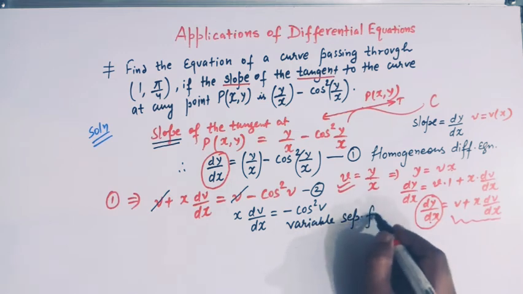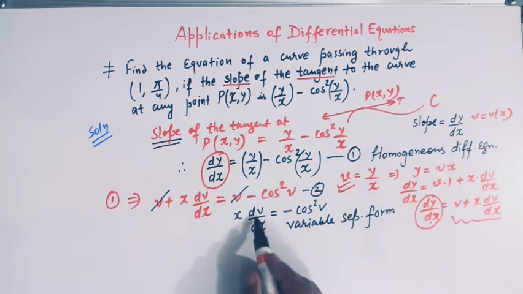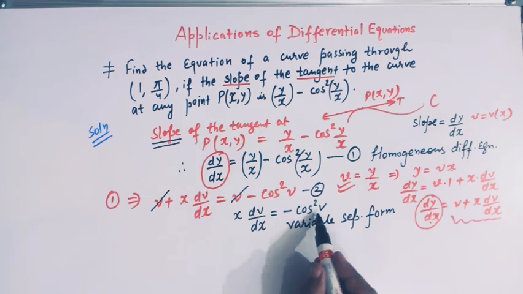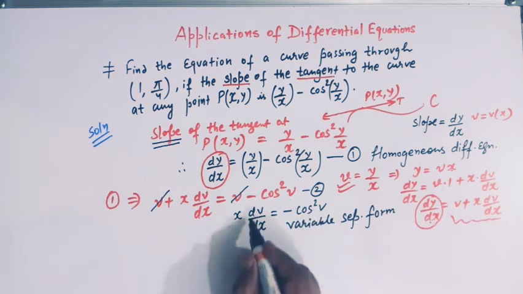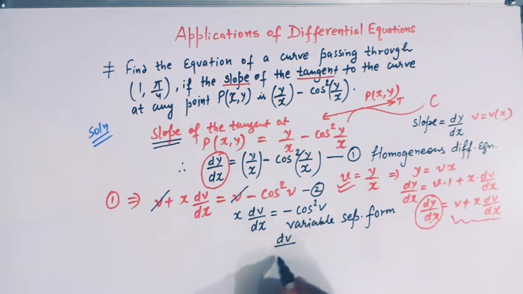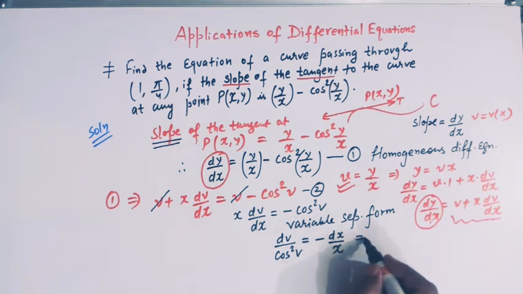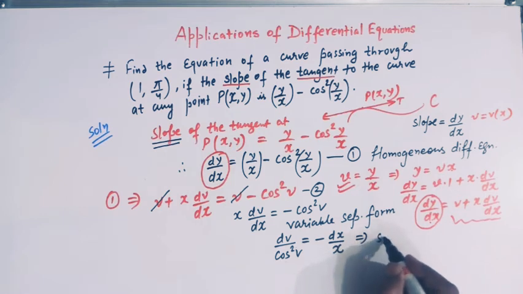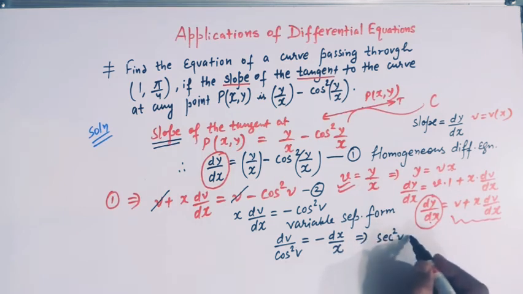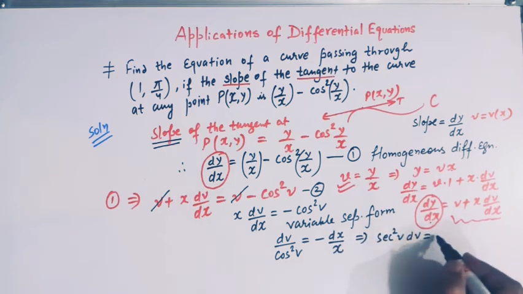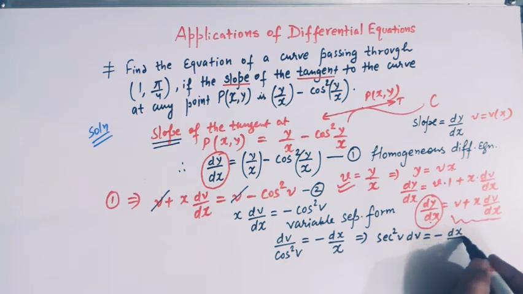Variable separable form. So here we can separate the variables by writing dv over cos square v is equal to minus dx over x, right? And this can further be written as secant square v dv is equal to minus dx over x, right?